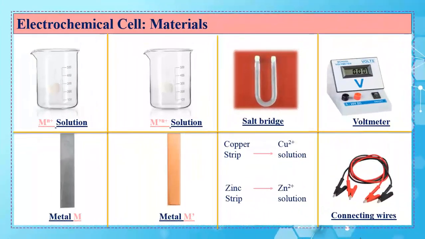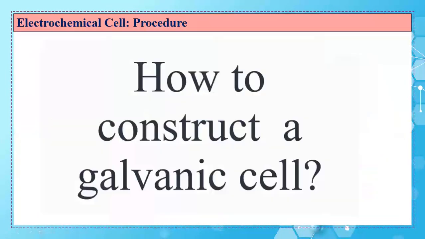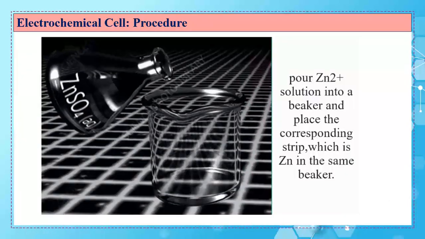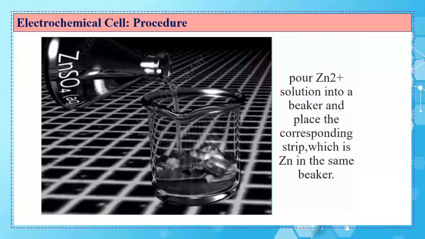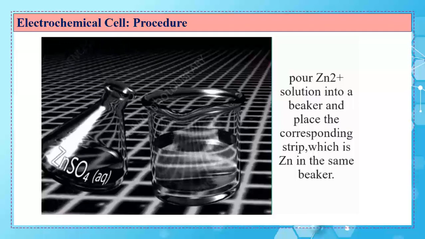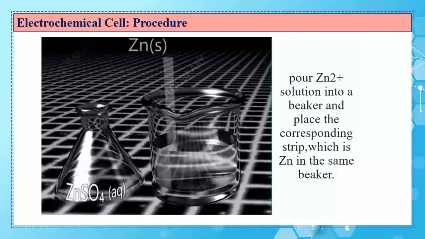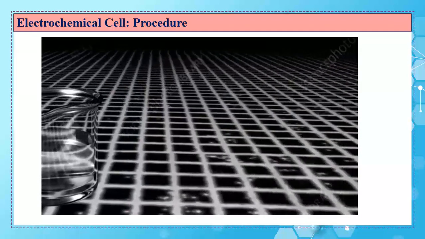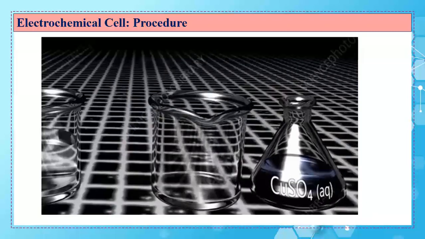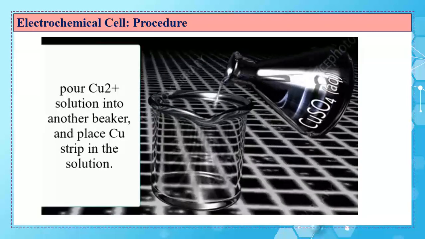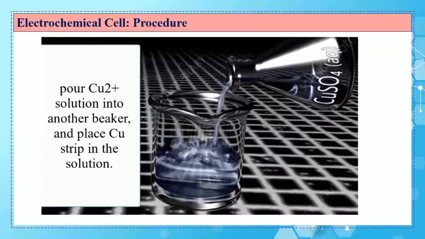Now, how to connect these materials all together in order to get a galvanic cell? In the first step, pour Zn2+ solution into a beaker. And then, in this beaker, place its corresponding metal, which is the Zn strip. Then in the second beaker, pour the second metallic solution, Cu2+, contained in CuSO4 solution.